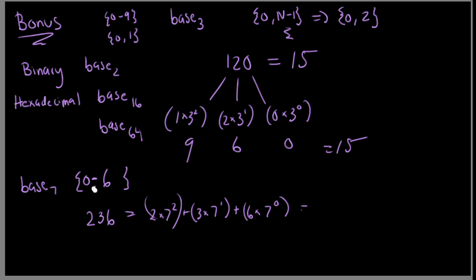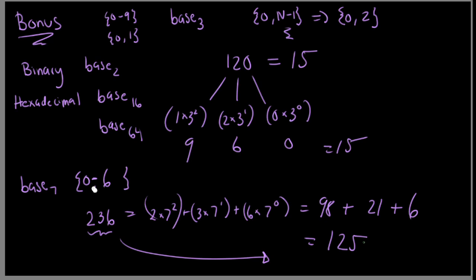So we add all these up. 2 times 7 squared is 49 times 2, so that's 98 if I did that correctly. And then 3 times 7 is 21, and then 6 times 7 to the 0, remember anything to the 0 is 1, so we get 6. Now if we add these together, I'm really bad at math, 119 plus 6, so it's like 125, I guess. And so basically in base 7, the digits 2, 3, 6 are equivalent to 125 in base 10.